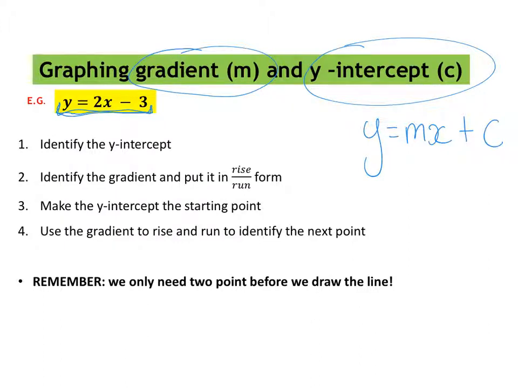We make the y-intercept our starting point on our graph, and then we use the gradient and rise over run to identify the next point that we're going to plot. And because we know from when we graphed using intercepts that we only need 2 points on our graph, once we have the y-intercept and then we use the gradient to find the next point, we can join those points and we're done.